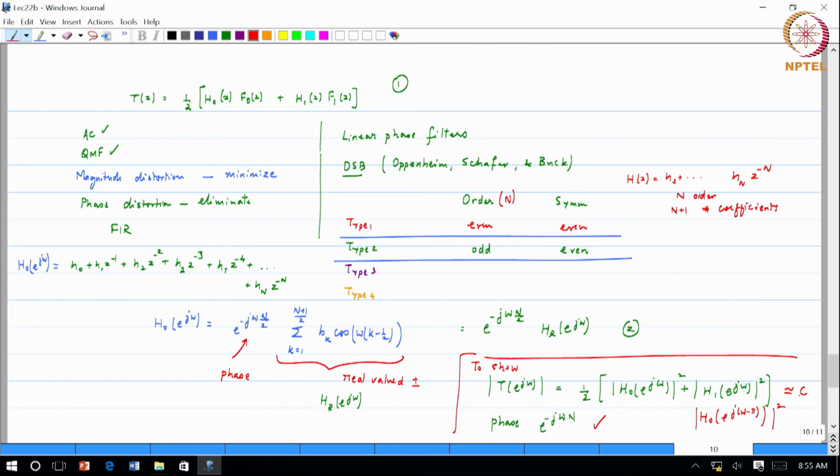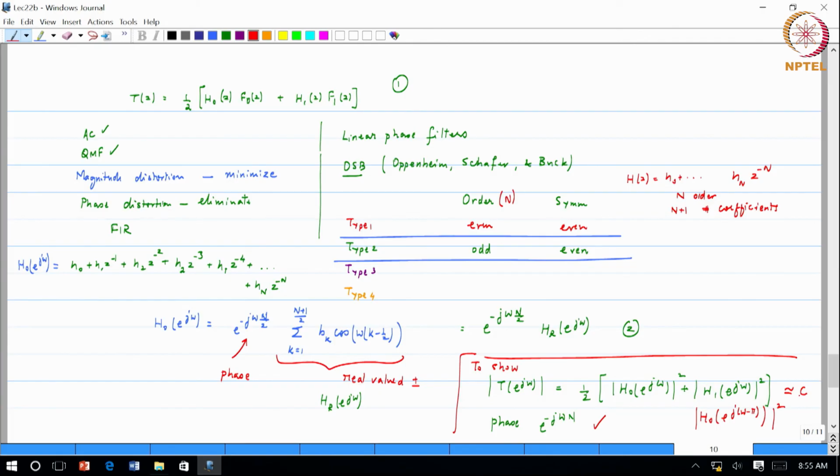That is the magnitude response, and the phase response is e to the power minus jωn. Please show this result using 1 and 2.